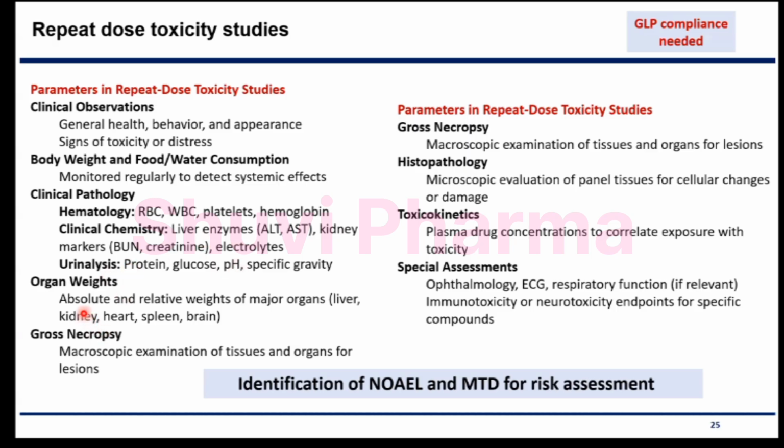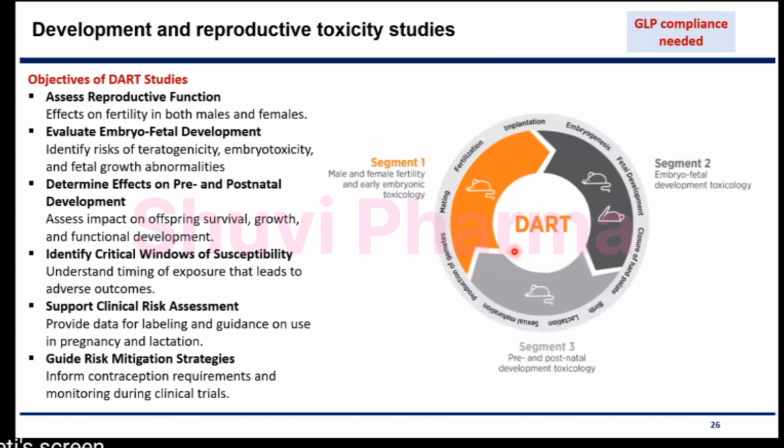Then we weigh different organs and look at their pathology. We do the histopathology evaluation to see at the microscopic level, in a panel of 30-40 tissues, whether there are any microscopic changes. We do special assessments of eyes, ECG, respiratory function, etc. So this is a huge panel that we look at when we do these toxicity studies.